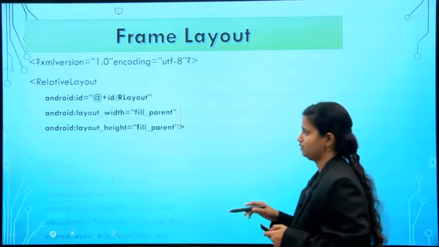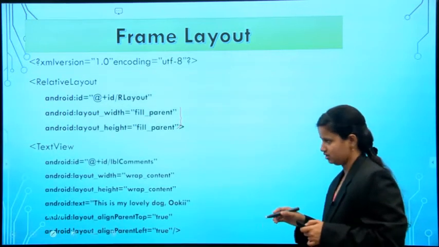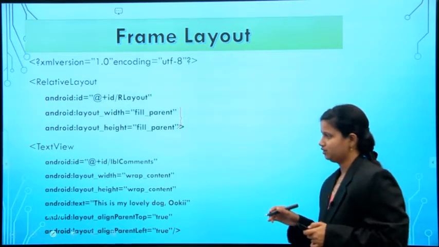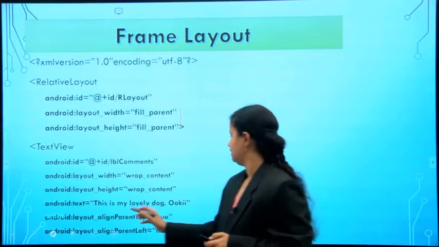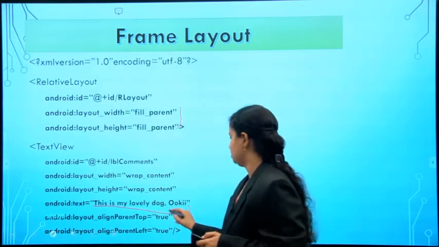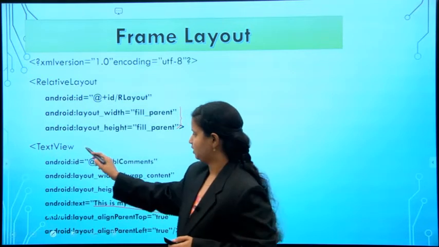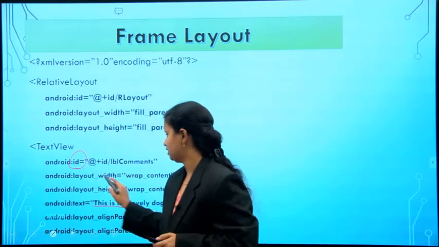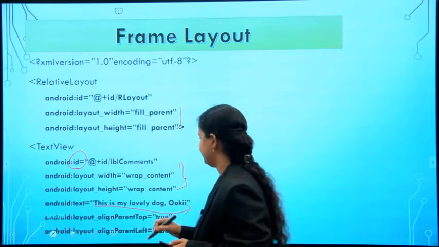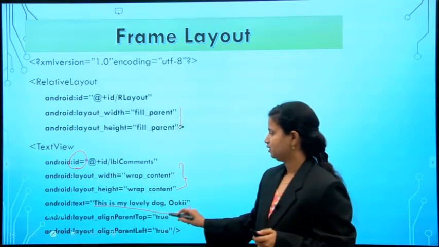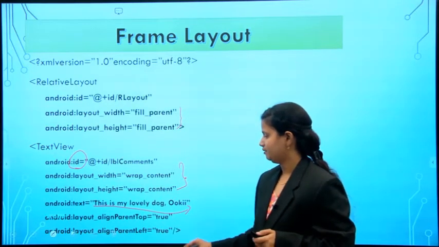Within the relative layout properties, the first thing is we display the text view. The text view message is, this is my lovely dog. That message is displayed, and the text view has an ID property, width and height that decide the size of the text view, and align parent top and align parent left.